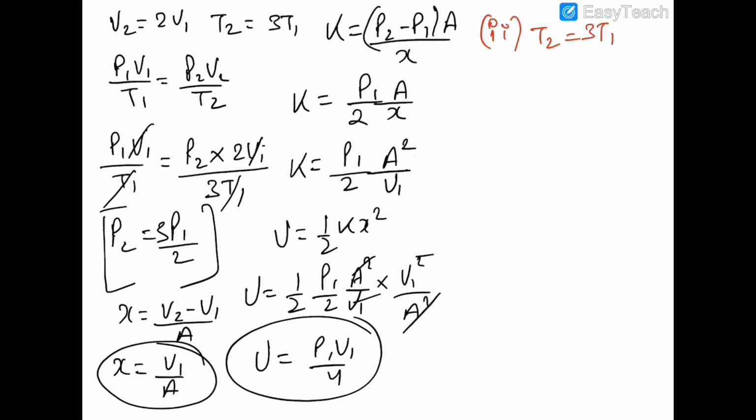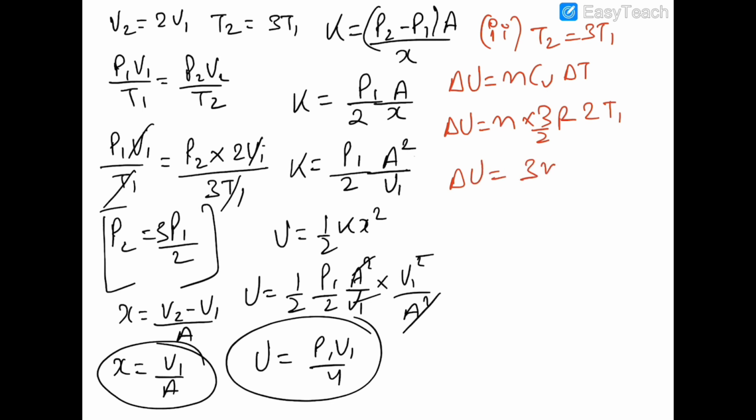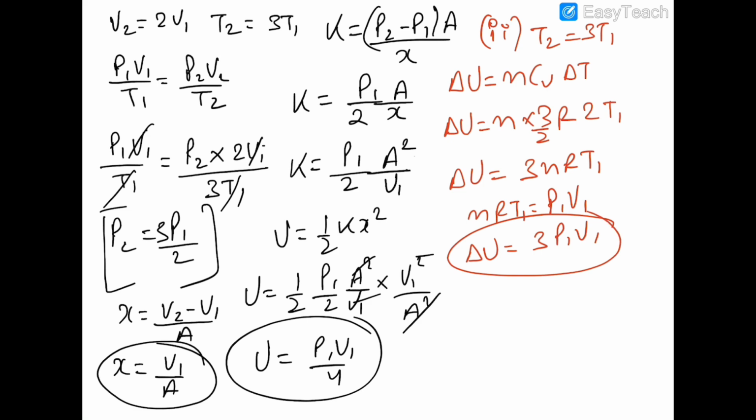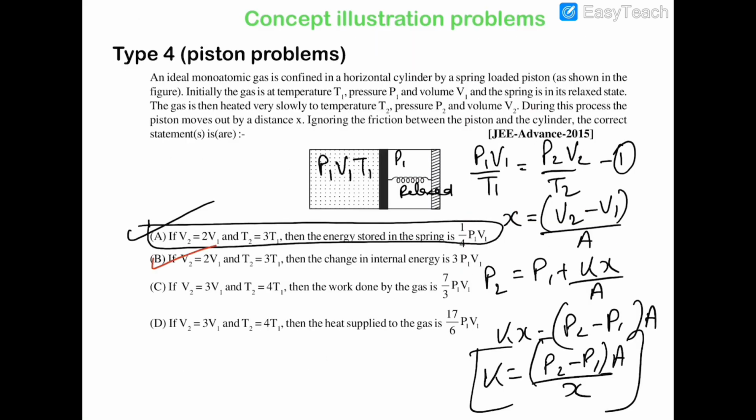If we find out delta U, then delta U will be n Cv delta T, and Cv will be 3 by 2 R because this is a monoatomic gas, and delta T is 2T1. So delta U will be equal to 3nRT1, and nRT1 is P1 V1. So delta U will be equal to 3P1 V1. So second option is also correct.